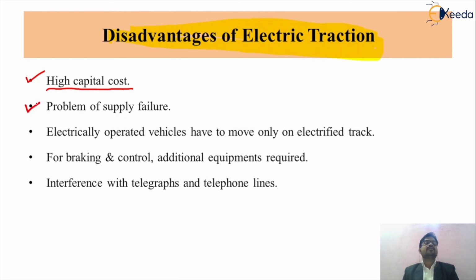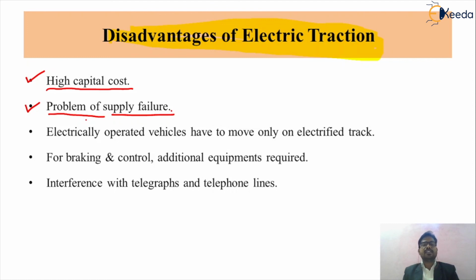After that, another disadvantage of the electric traction system is the problem of supply failure, because we are using different types of motors, and these motors operate on power supply.